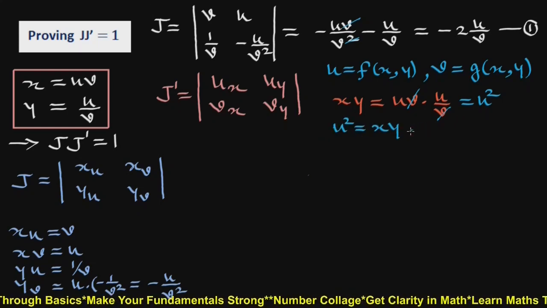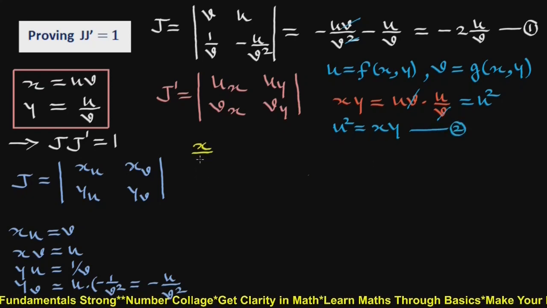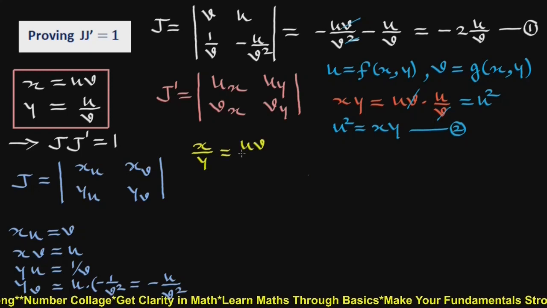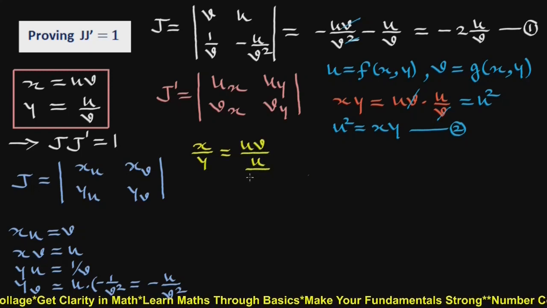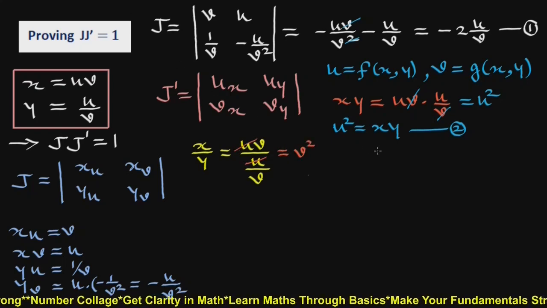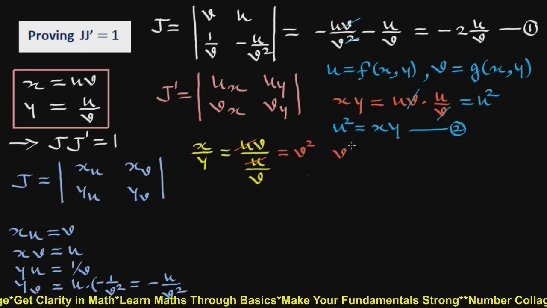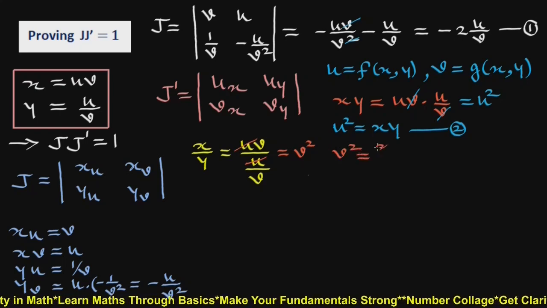We name this 2. Similarly, if we divide x by y, this will be uv upon u upon v. Cancelling u, this will be v square. In other words, we get v as a function of x,y, that is v square equals x upon y.